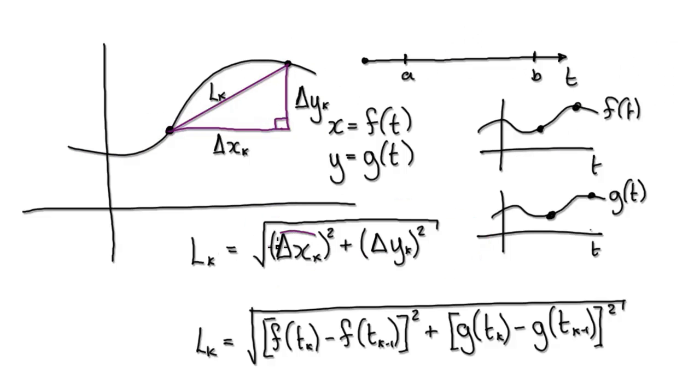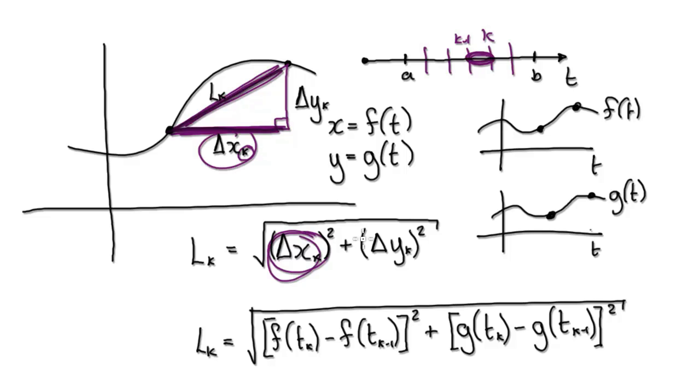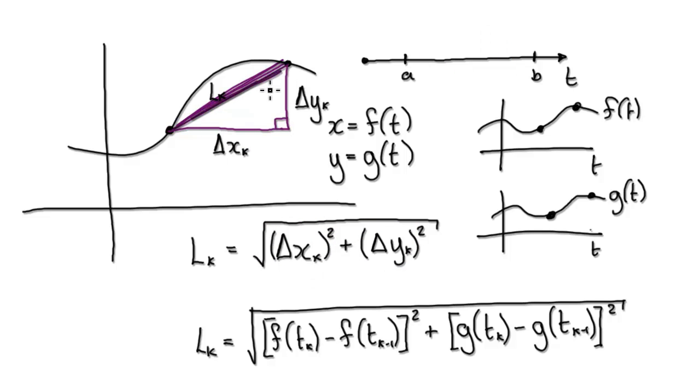We would get delta x for that particular k segment, remembering this is k here, and this is k minus 1. For this period of time, we want to know this diagonal length. Well, the diagonal length will be delta x squared plus delta y squared, then take the square root. It's basically us using Pythagoras to work out this diagonal length.